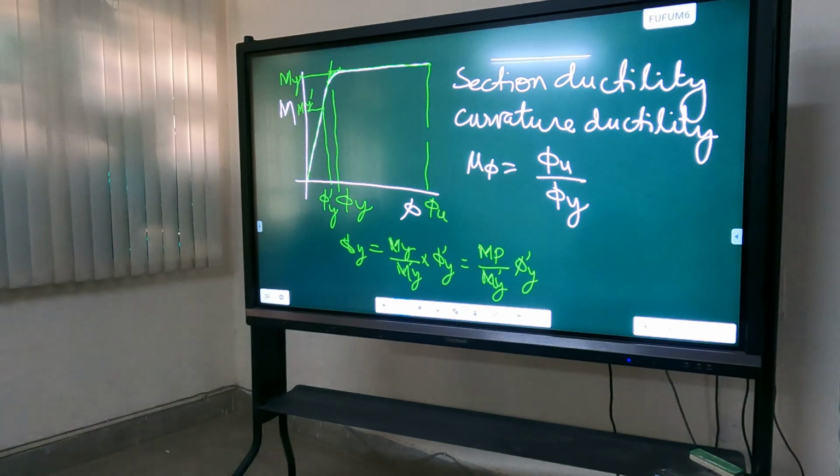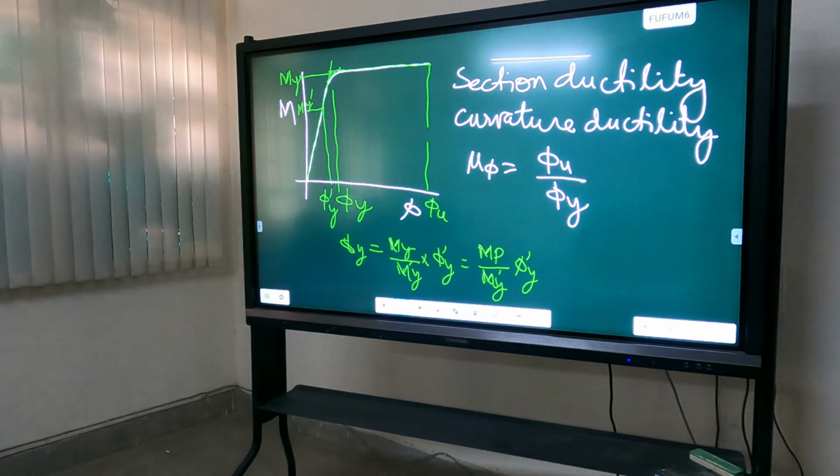What do you think? Which is higher, material ductility or curvature ductility? Looking at this graph, the relationship between curvature and strain is linear. Curvature is epsilon divided by d.